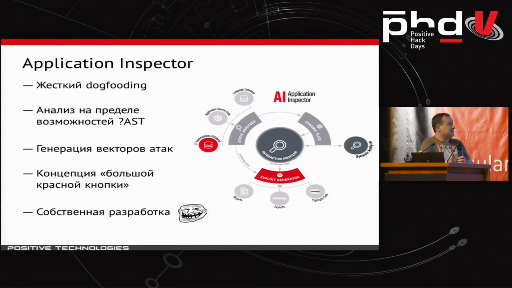And if not, then no. Later, when we realized that this tool could be of use to other people, we went to the big red button concept. It means that any person, even a muggle, once he pushes a red button, can scan the application and then check the results and see that indeed the exploit is in use.